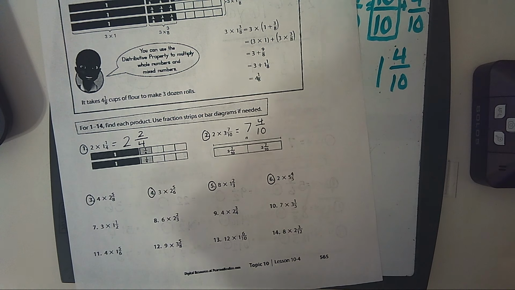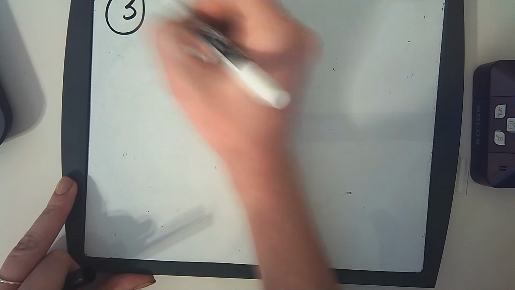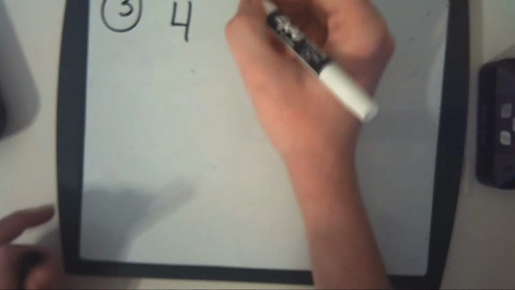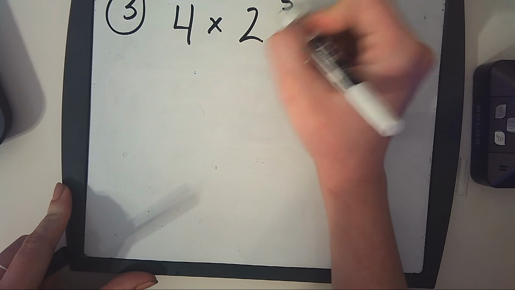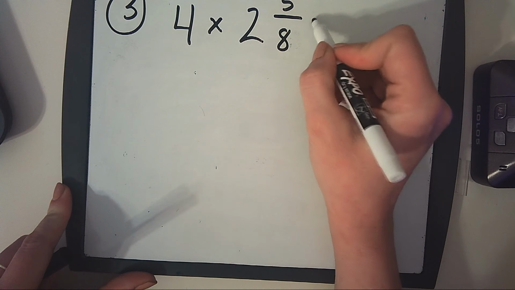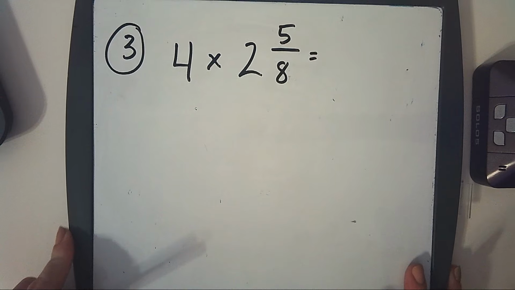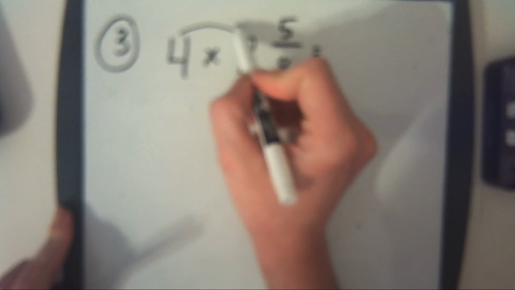Number 3 is 4 times 2 and 5/8. So I will erase my board. First step is to draw the arrows.